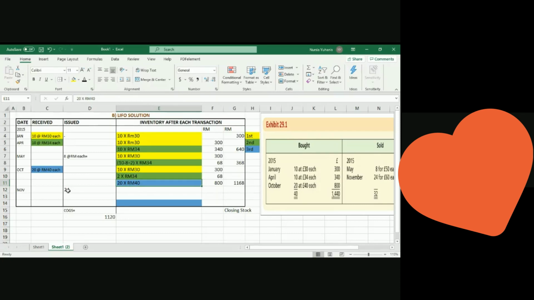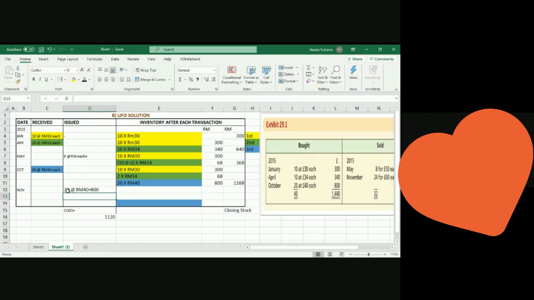You want to sell 24, but you only have 20 items here. So you take how much? You take all 20 at the price of 40. So the total will be 800.